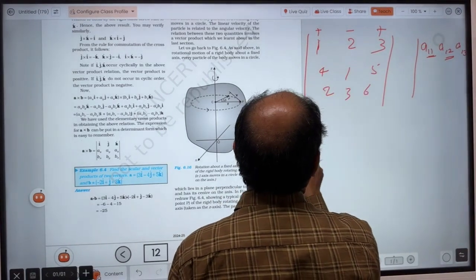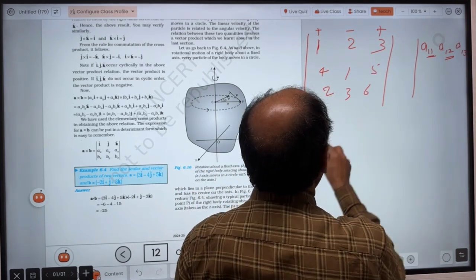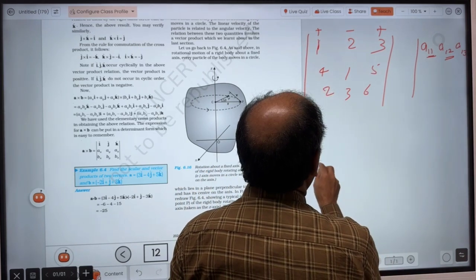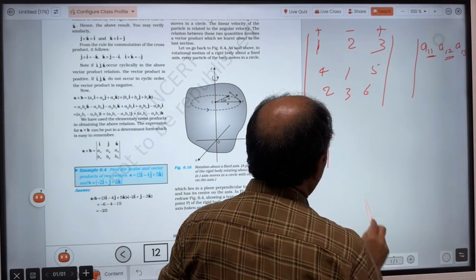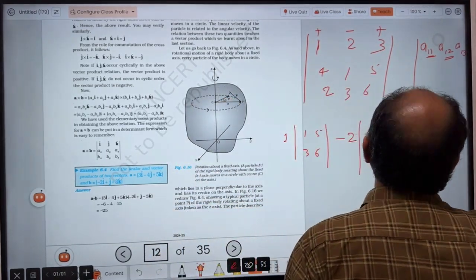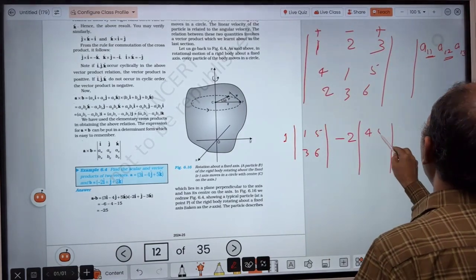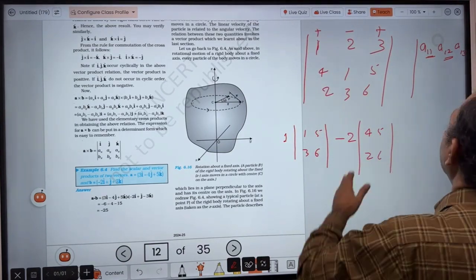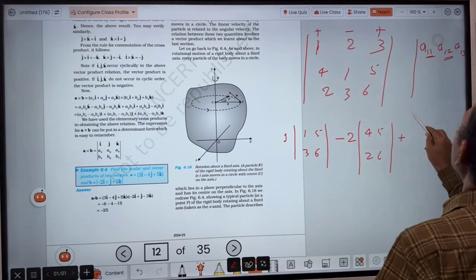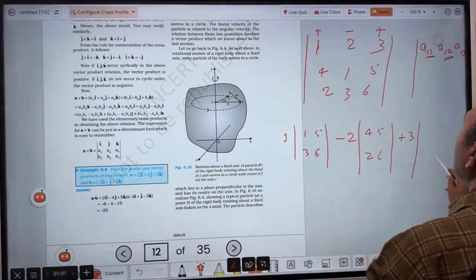So we take this 1 and then we leave this column and that row. So whatever is left, we write it with a determinant. Then we take the second one, again we leave that column and that row. So 4, 5, 2, 6 is left. Then we write the last one, 3, and then again we leave this column and that row.